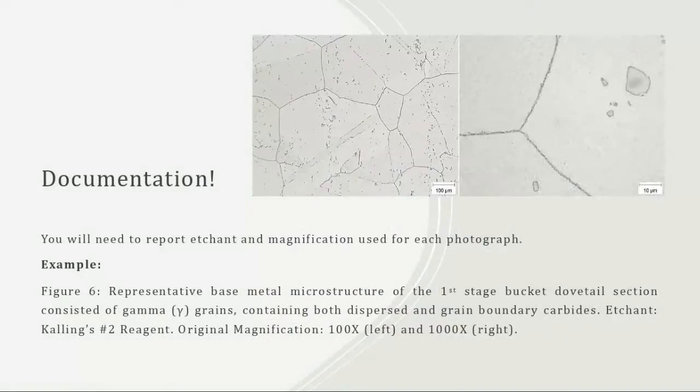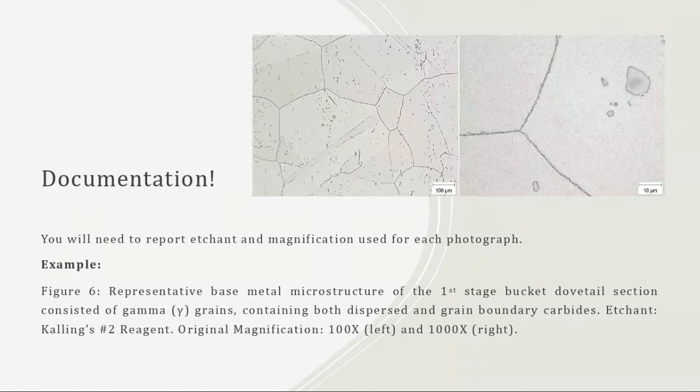And now documentation. In this documentation, one of the important things that you'll need to report is the etchant that's used and the magnification that's used for each of the photographs. So if you're looking at the top right of this image, I have included a photograph of a Udimet 500 superalloy, which is a nickel-based superalloy.